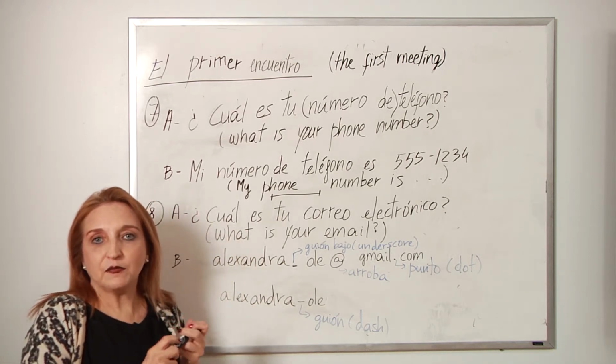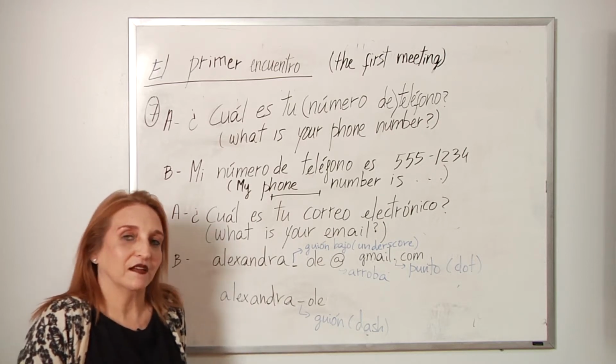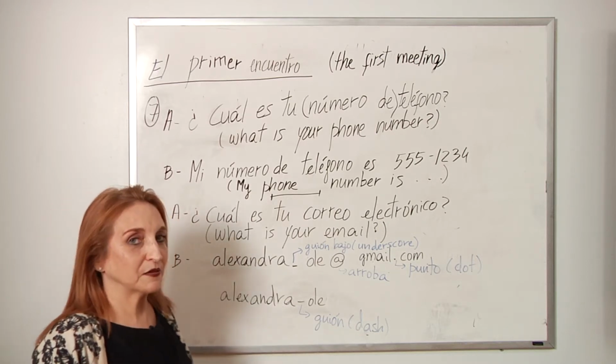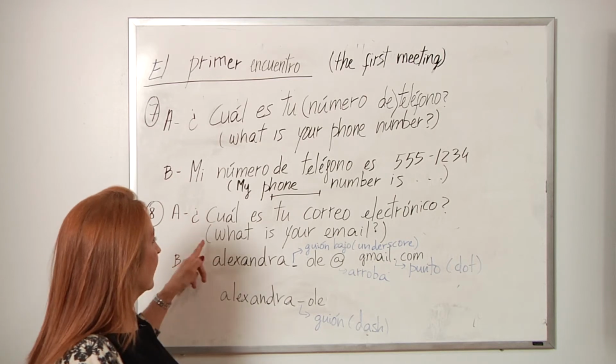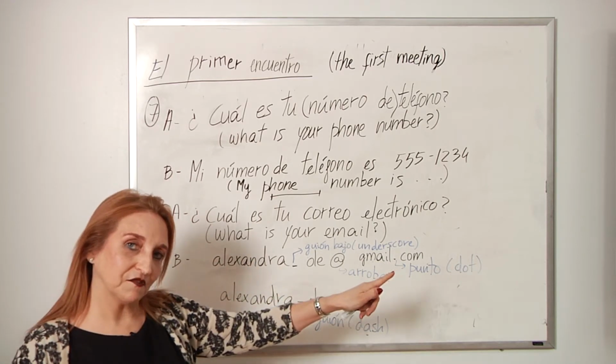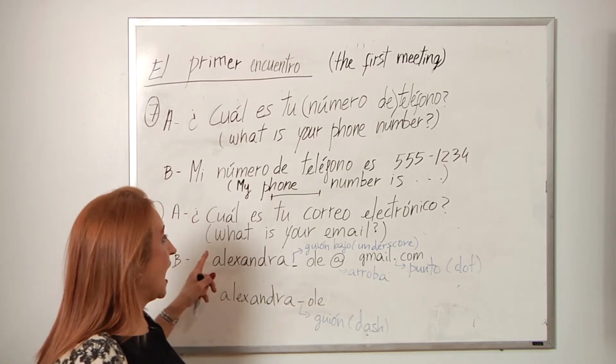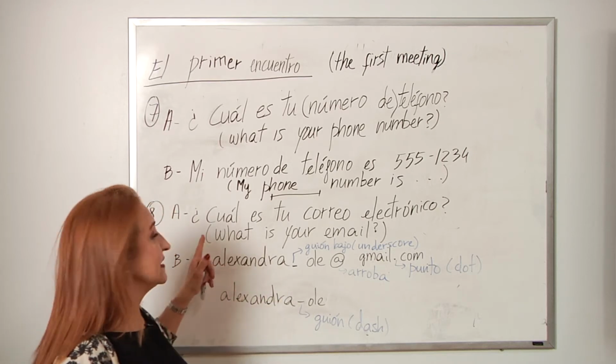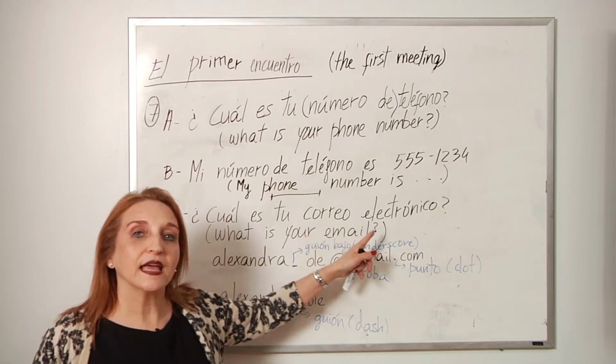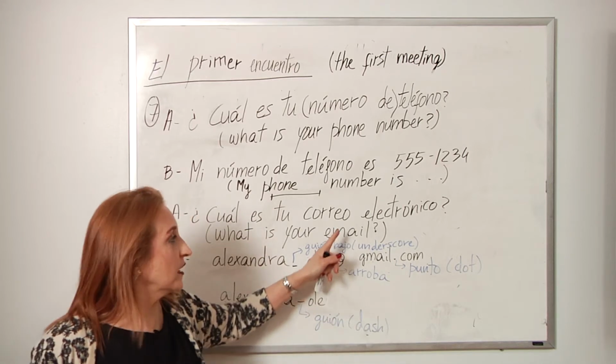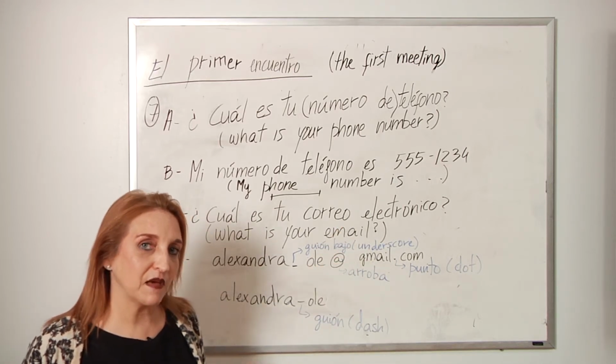Everybody works with email, and sometimes more than the phone, yes? And in this case, you have a very, very specific question about the email. In Spanish, you say correo electrónico. Correo electrónico means email.